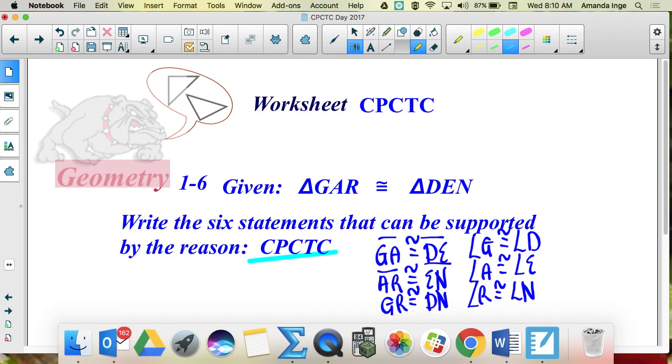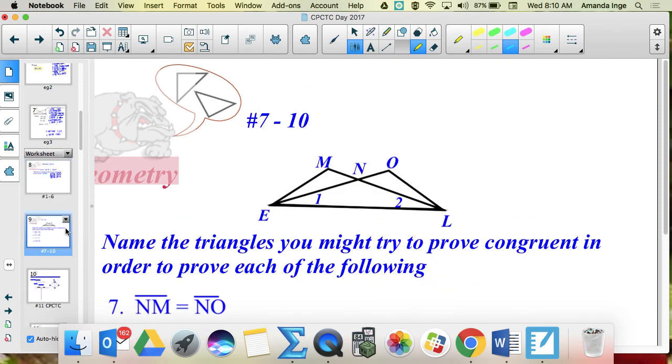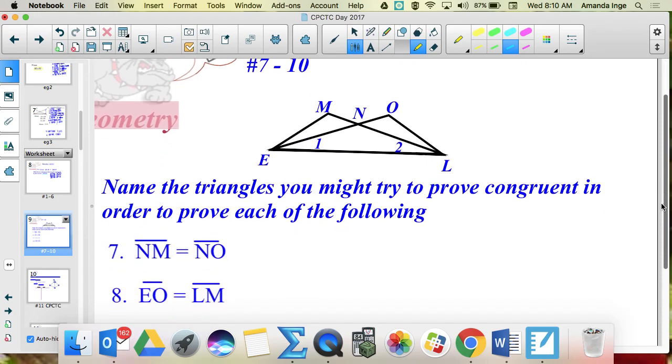Okay, so now let's jump down to the next number, 7. It says, on number 7, name the triangles you might try to prove congruent in order to prove each of the following.